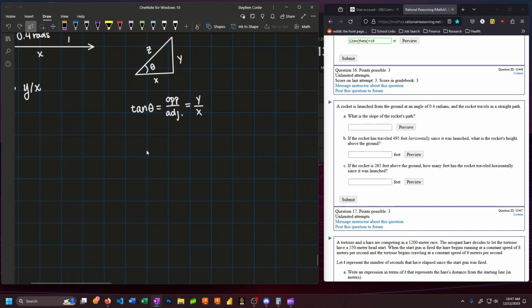This is the long-winded way of doing it. If I just assume that this is movement along a circular path, I know y is sine of theta and x is cosine of theta.